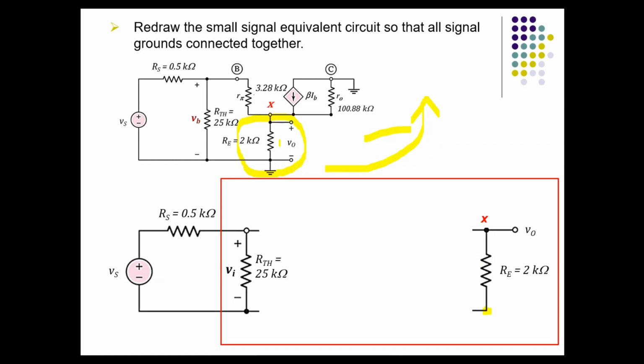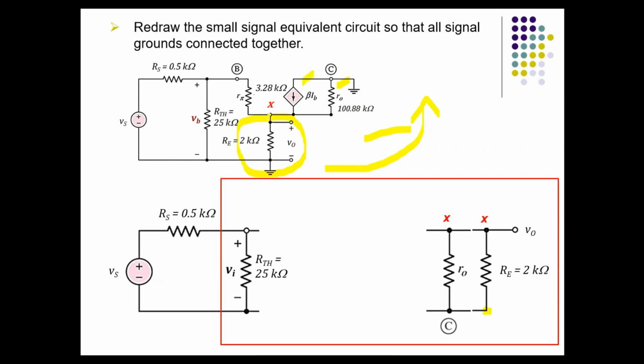But when you move a branch, you need to move everything that is associated with that particular branch, because node X is connected to three more branches. If you start with r naught, it is connected between X and C, but my X is at the top now, so I just draw my r naught between X and C. What else?